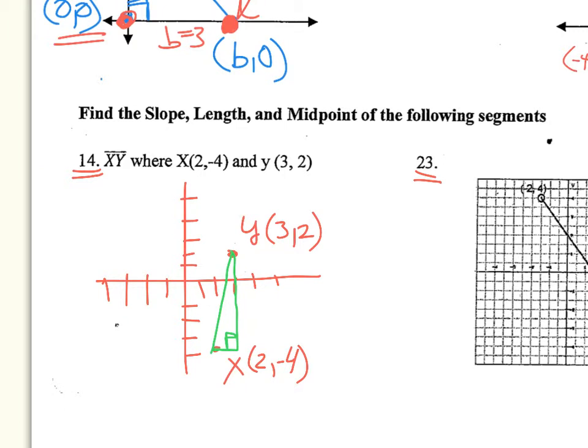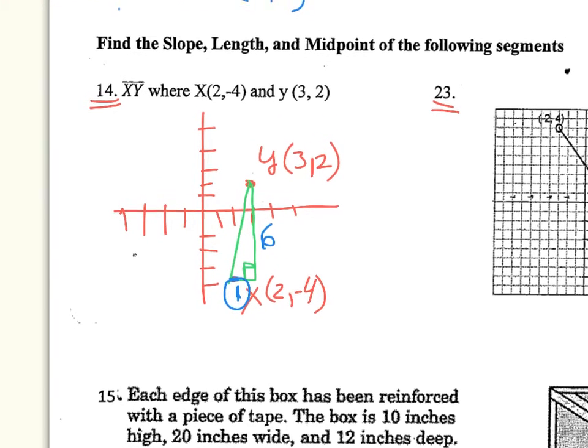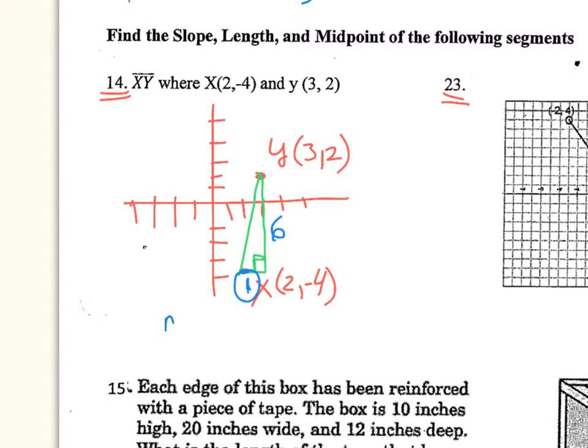Drawing in a right triangle, that right triangle has a length of 1 and a height of 6. So its slope is rise over run, which must equal 6 divided by 1, which is 6. And it's positive 6 because it's going uphill.